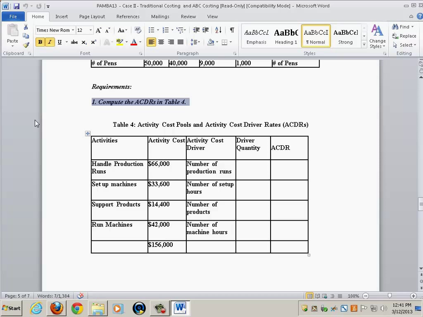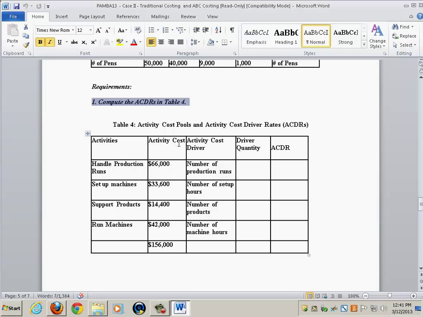So you have to calculate the activity cost driver rate for each activity, and for that you need to find the cost driver quantity for each activity, which is specified earlier.